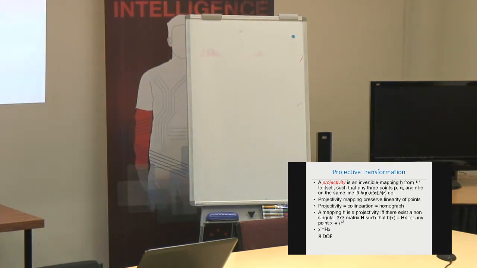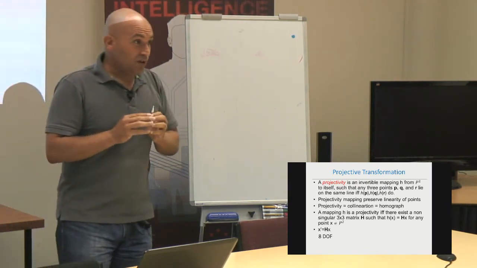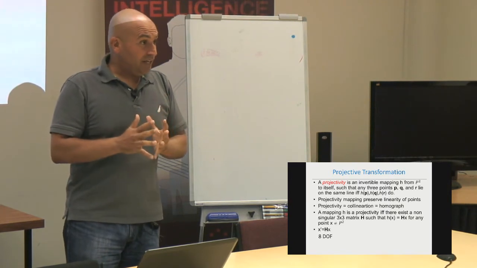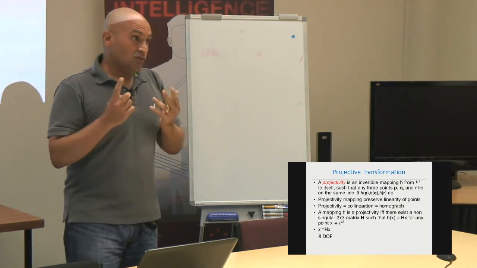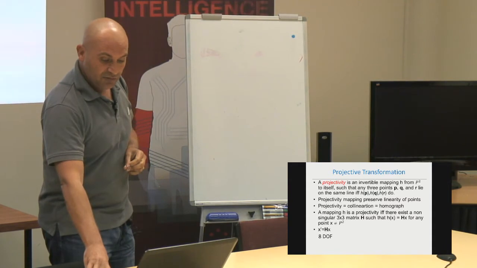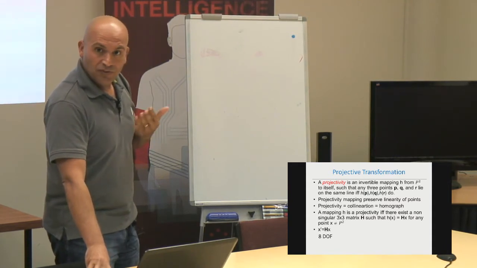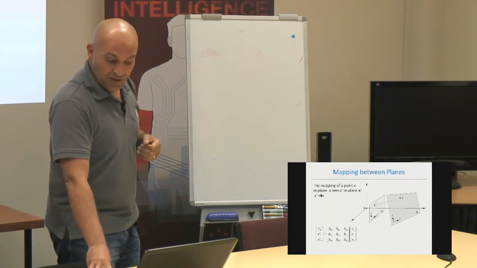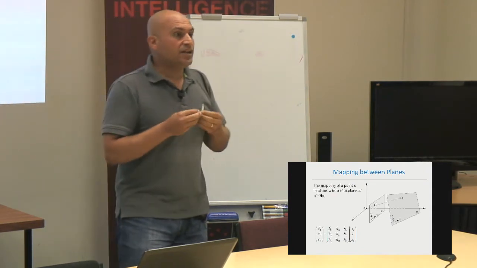Any point will be mapped, its image will be given by multiplying the transformation matrix H by x. And since the transformation is 3x3, it has 8 degrees of freedom, because we can always determine one point and compute the other, or practically it's a ratio.